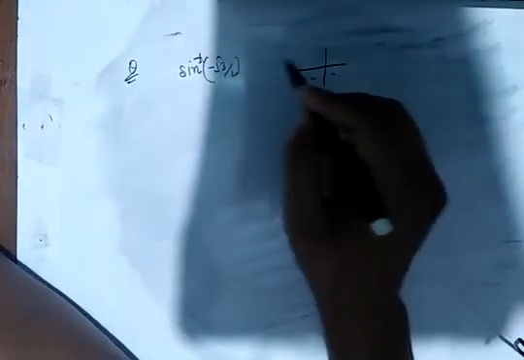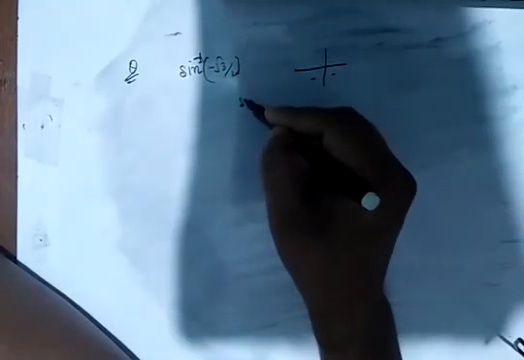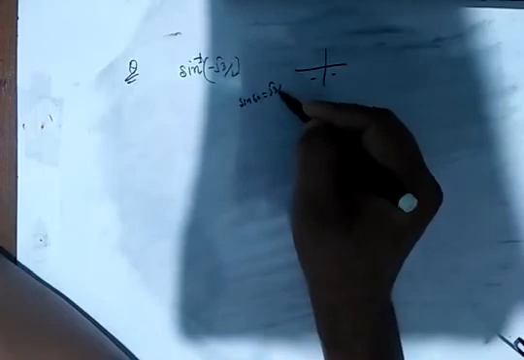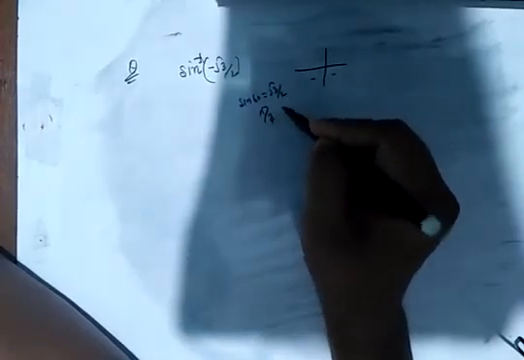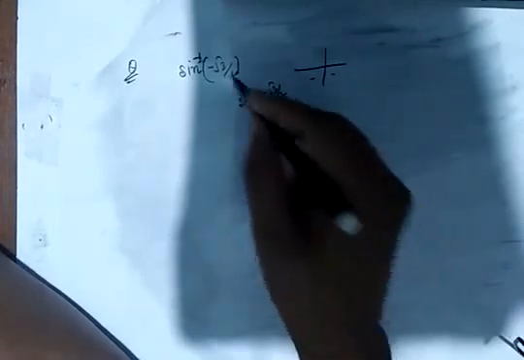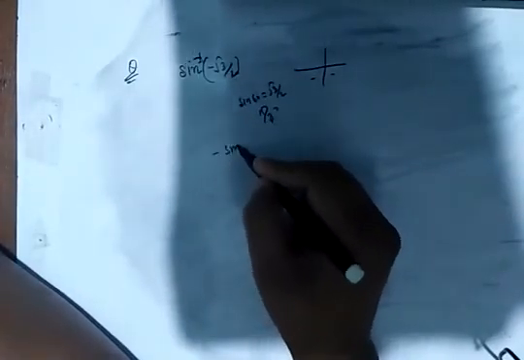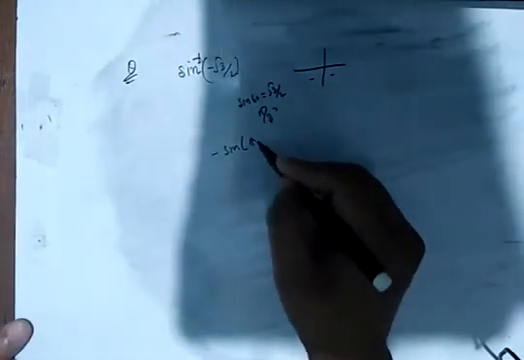Root 3 by 2 is sine 60 degrees, that is pi by 3. Taking the minus sign, sine inverse of minus root 3 by 2 is nothing but minus pi by 3. This minus pi by 3 belongs to the range minus pi by 2 to pi by 2.